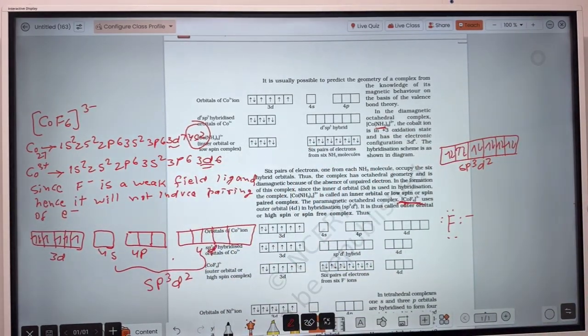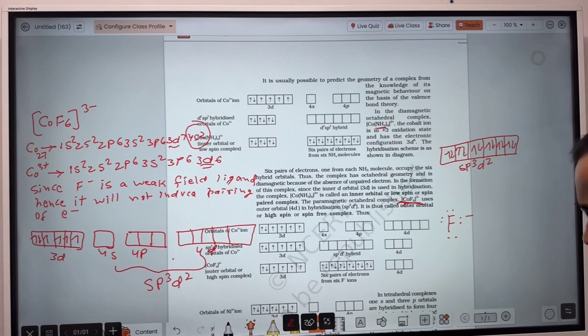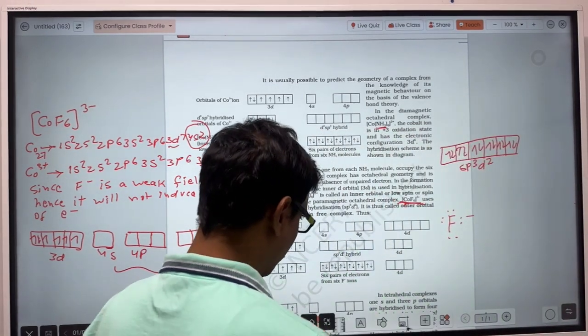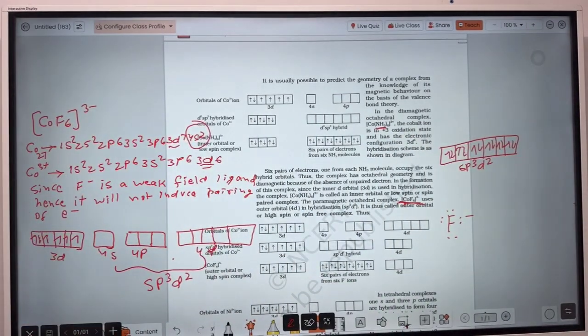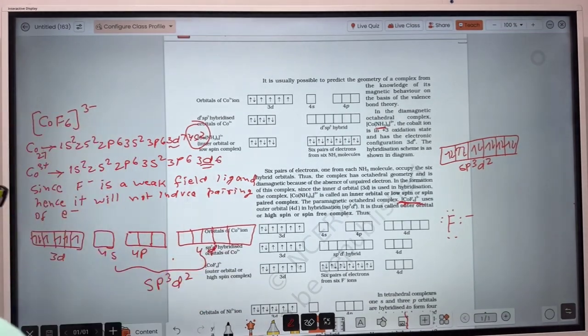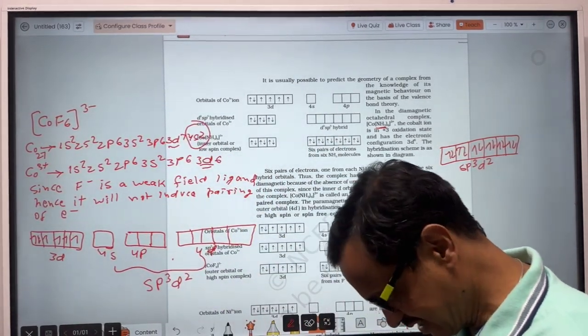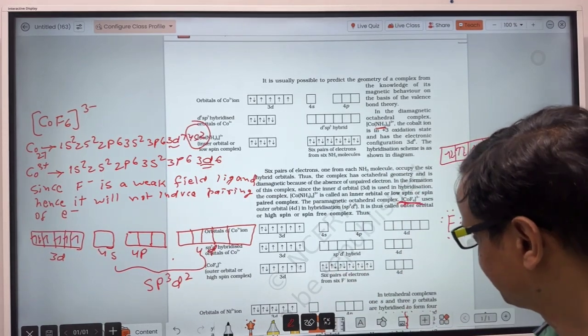So that's why that will be called high spin complex, or that will be also called spin free complex. This complex will be called outer orbital complex because the outer d orbital has been involved in bond formation.